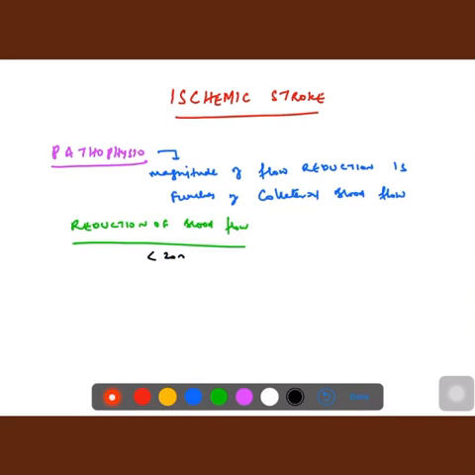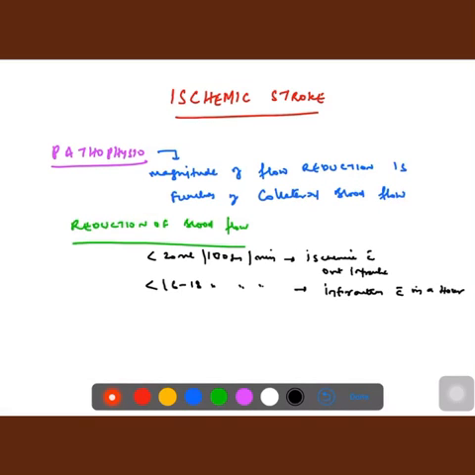So what is the reduction in blood flow? If blood flow decreases to less than 20 ml per 100 gram per minute, it causes ischemia. Unless infarction occurs, the ischemia lasts for hours or days together. If blood flow is less than 16 to 18 ml per 100 gram per minute, it causes infarction within 1 hour.